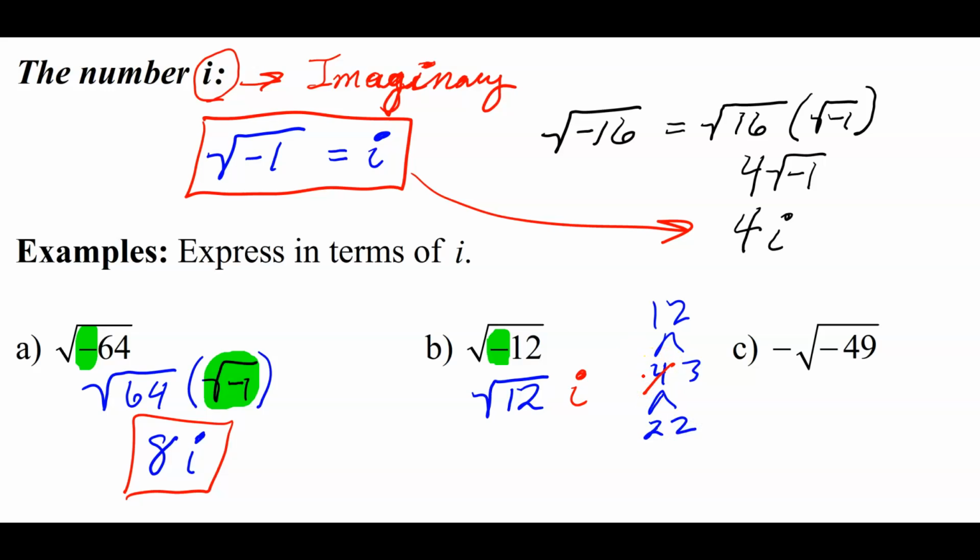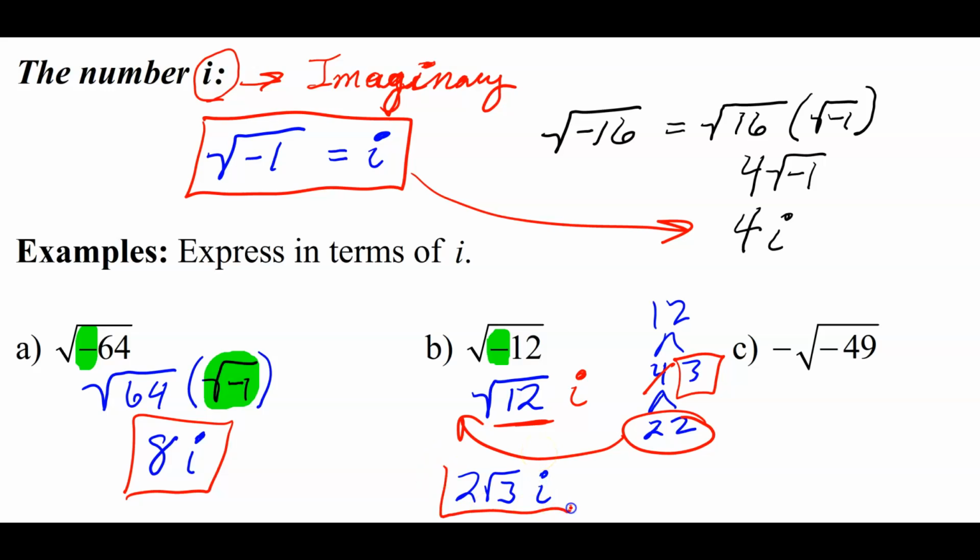Make sure you understand I'm not using the 4. So then looking at it as a square root, what can I simplify? The 2's come out. One 2 escapes out. And then I have the 3. So simplified, this is going to be 2 square root of 3. And then it's imaginary set, so there's an i on that. And then that is my answer.